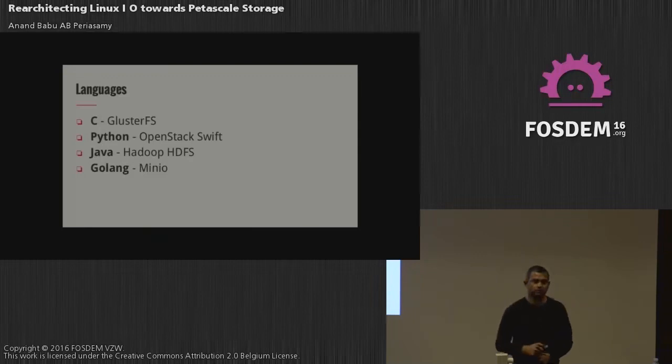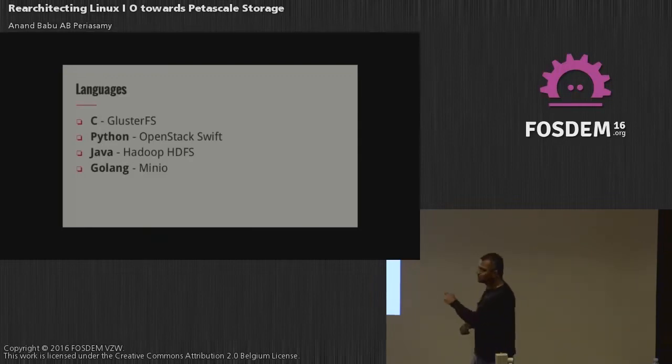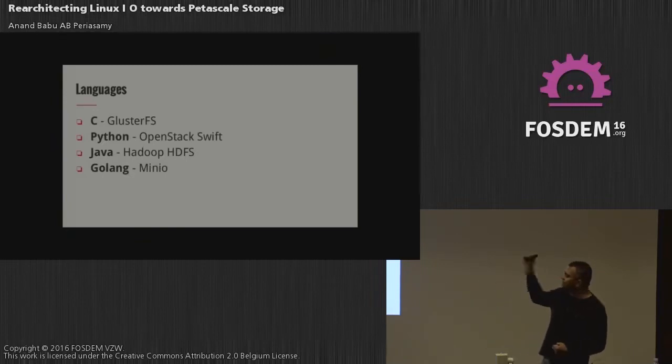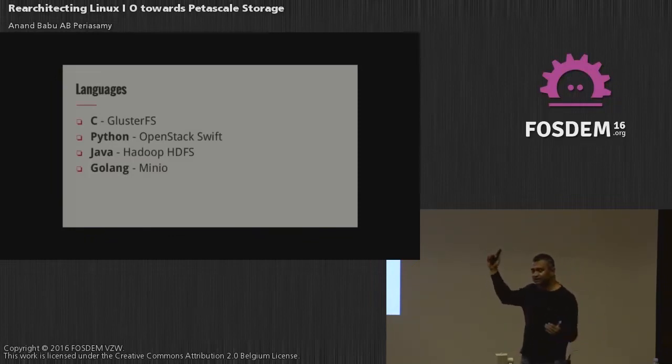So for the new project, I picked Golang. I have a talk specifically about why Minio picked Golang tomorrow, so I'll talk more about it later. But Golang is actually a fine balance between Java, Python, and C. It's still not as fast as C, but it gives you compiled performance, and it's getting better.